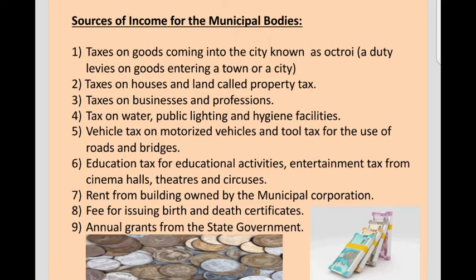Fees for issuing birth and death certificates. We've already discussed, children, birth and death certificates are a must. So when you apply for it, they collect some nominal amount, and the amount is again used for the welfare of the people. Annual grants from the state government. Annually, yearly, they get some grants, some amount for the maintenance of these municipal bodies.